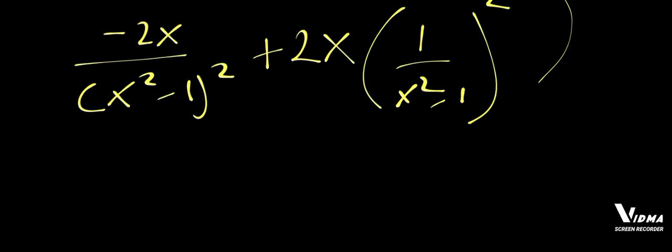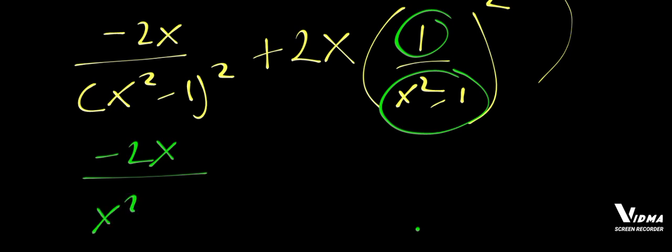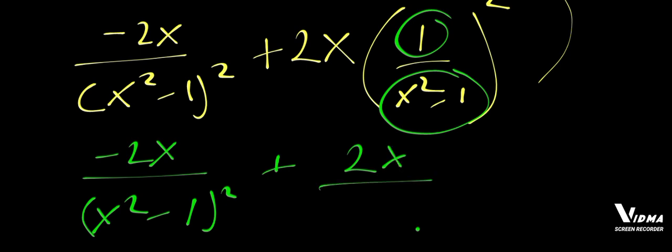So writing it in another form, we can see that here becomes 1 squared, here becomes x squared minus 1 squared, and we are multiplying by 2x. So we have negative 2x over x squared minus 1 all squared plus 2x over x squared minus 1 all squared.